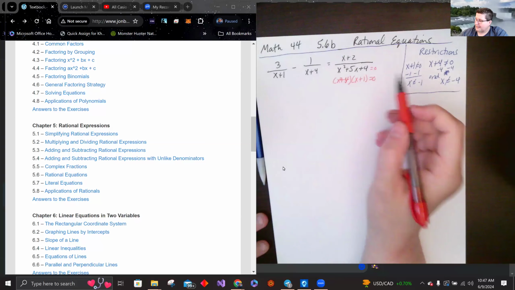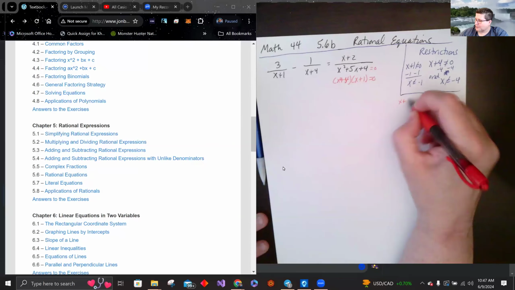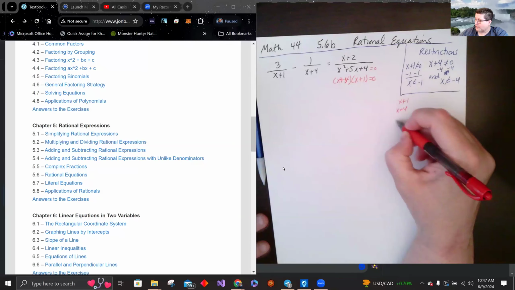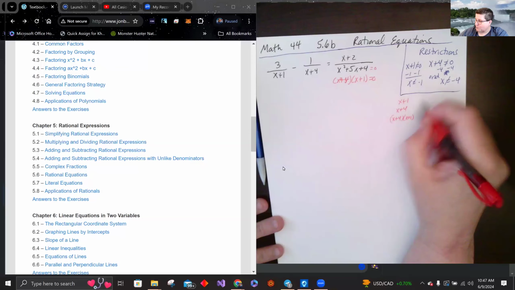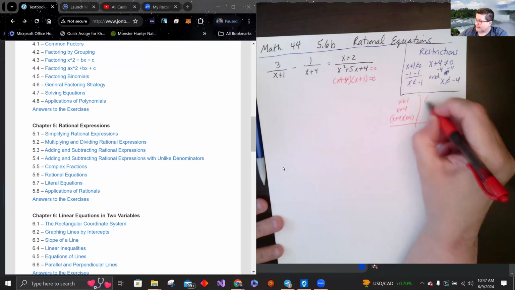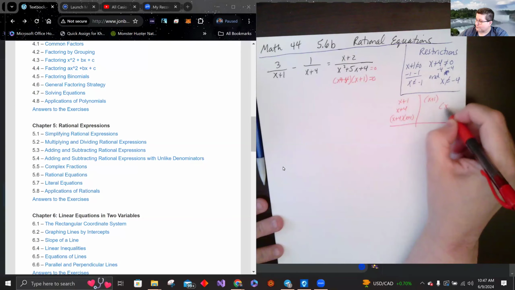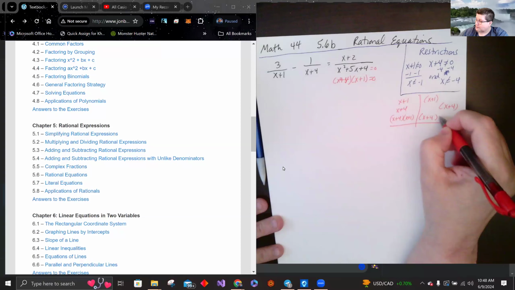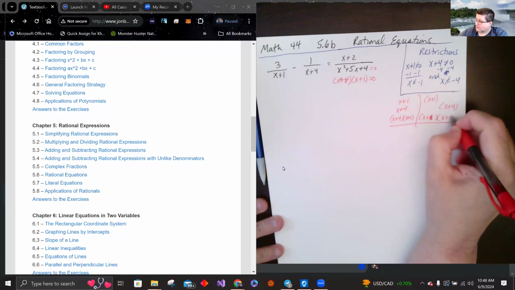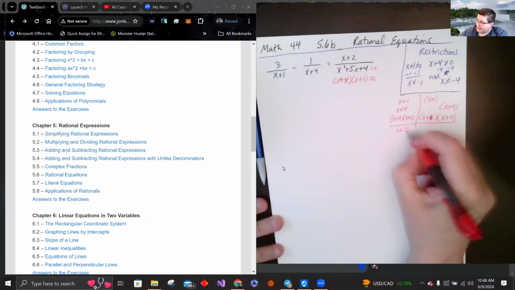My LCD: x plus 1, x plus 4, and then both. We should be able to see it's just the one at the end. This has x plus 1, this has x plus 4, this has both. So the LCD is both.